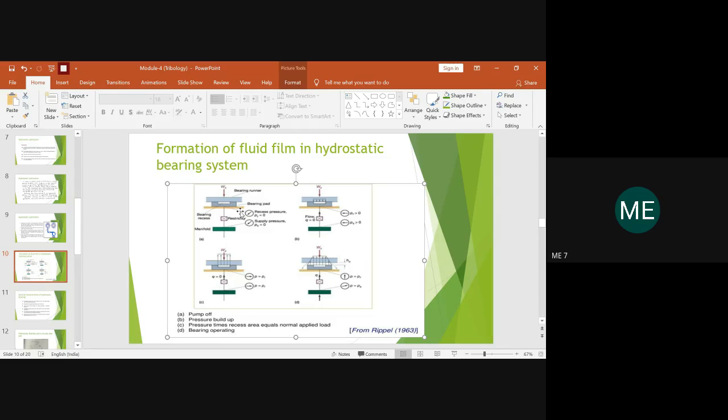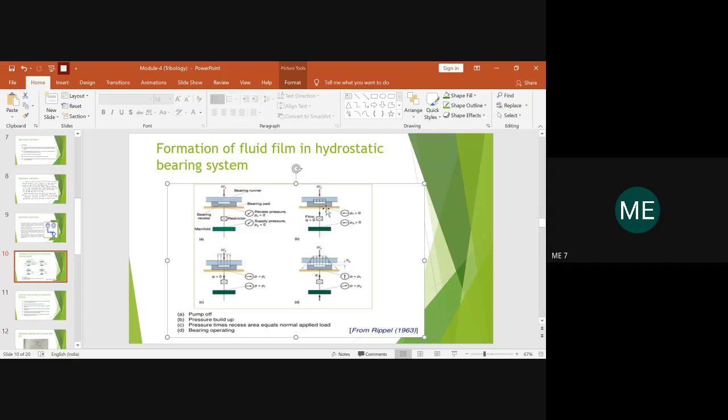Now I'm just showing you the fluid film formation. So initially when the pump is off, PS will be equal to 0 and PR also will be equal to 0 because there is no required pressure developed. But still you have the load which has been subjected here in the direction shown in the diagram.